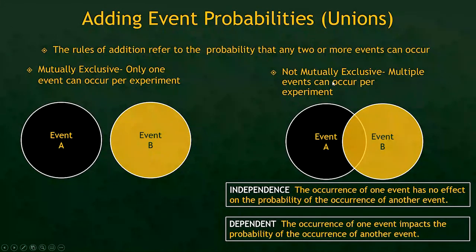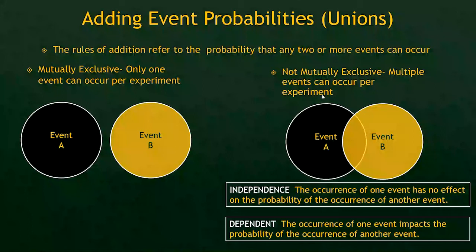The other is not mutually exclusive, which is when multiple events can occur within an experiment. In other words, what is the probability of you being an accounting major? You have a certain probability of that.